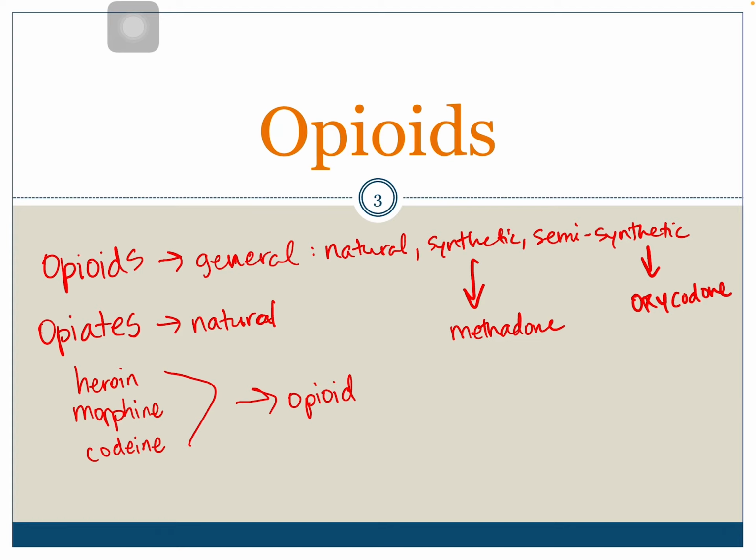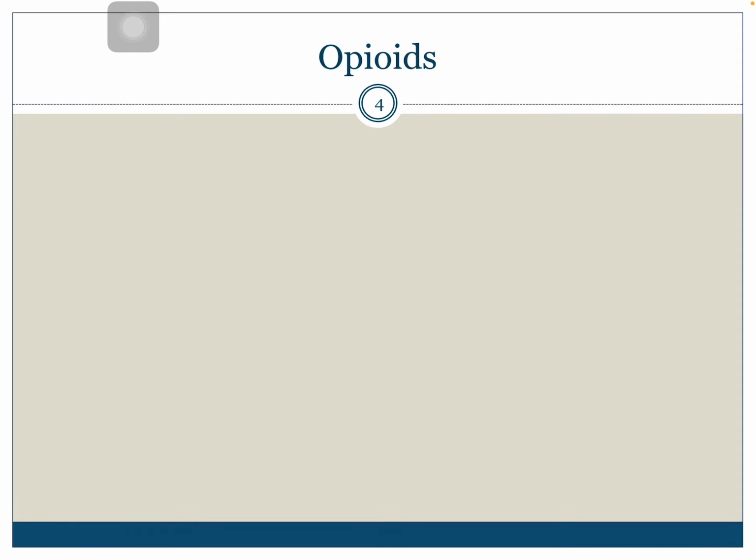So just know that there is a difference between the types, and even though people use the words opioid and opiate interchangeably, if you want to stay safe, use the word opioid because that's going to include natural, synthetic, and semi-synthetic types.